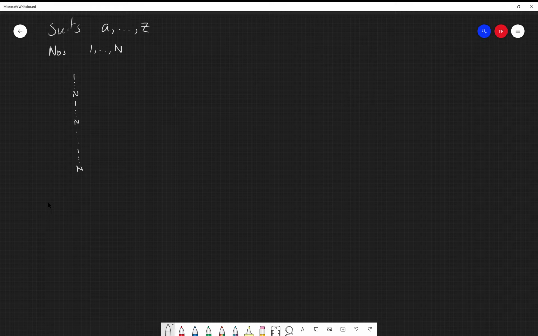And we consider that these cards are from suit A, and these are from suit B, and then these will be from the final suit. And then we go here and we can do the same thing. And again, these are from A, from B, and from the final suit.